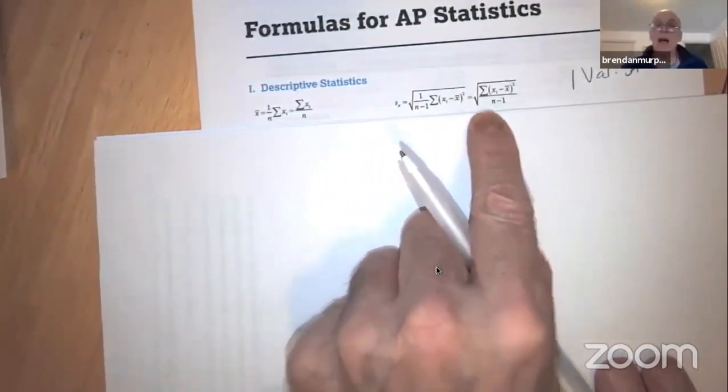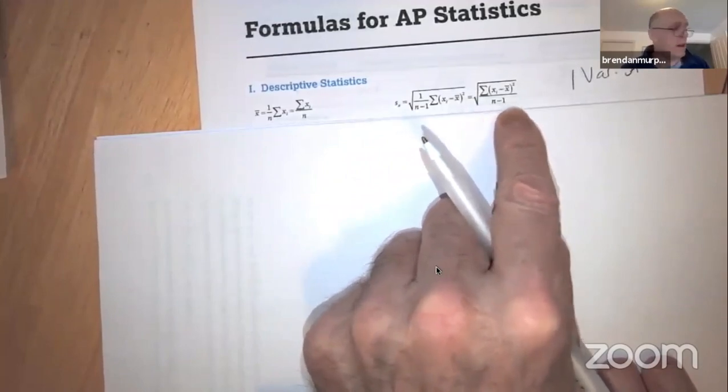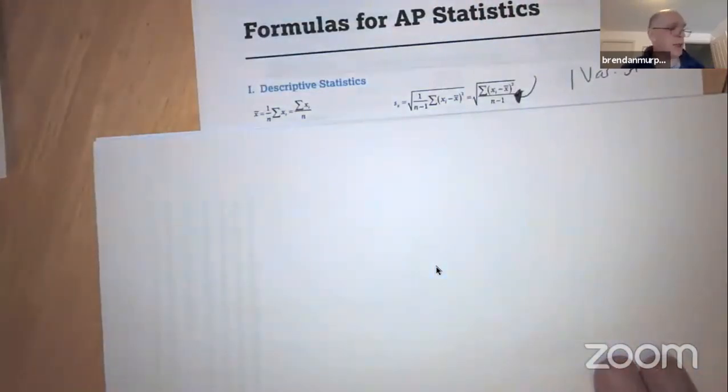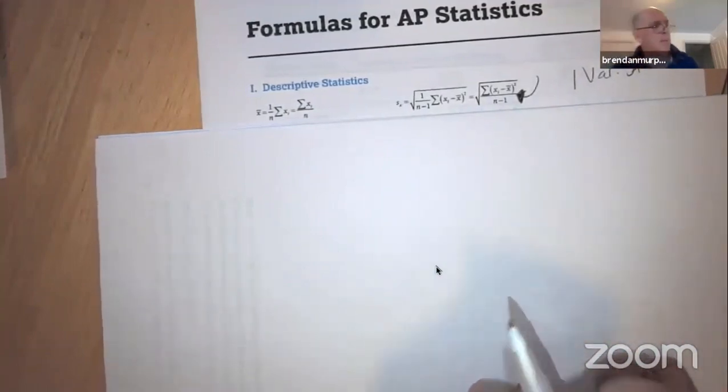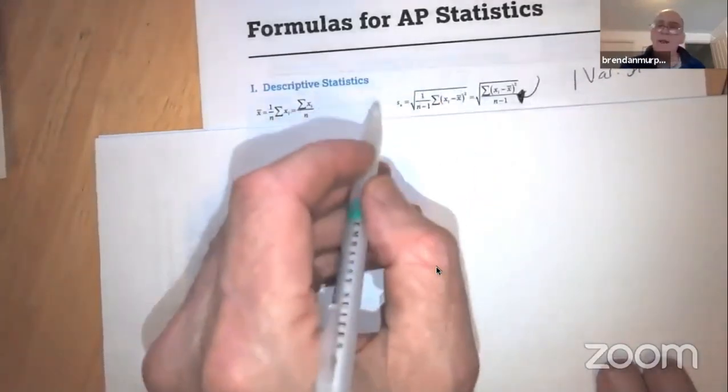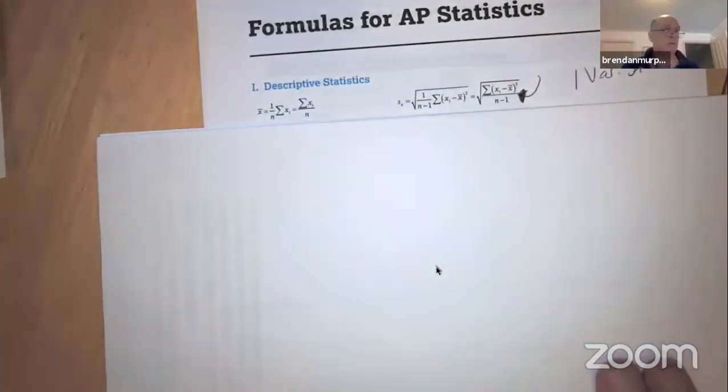It's honestly not a nice, clean formula. And this n-1 introduces degrees of freedom, which is a really hard concept, actually. In September, I'm trying to get my students to understand that, and that's not so easy. So hopefully by now you're feeling more comfortable with degrees of freedom, when you dealt with means and t-tests and whatnot.